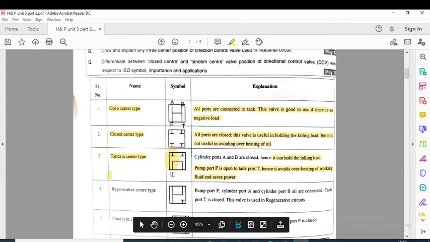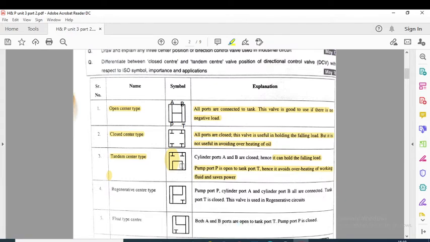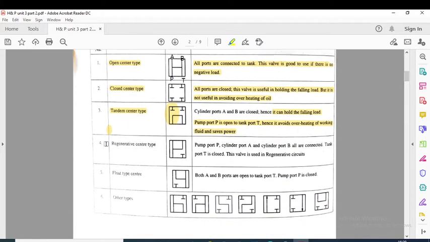So this pump directly supplies the oil to the tank, so no high pressure is developed here, and with no high pressure, no temperature rise occurs, and the pump keeps pumping the fluid at low pressure, so no pump power is required there.